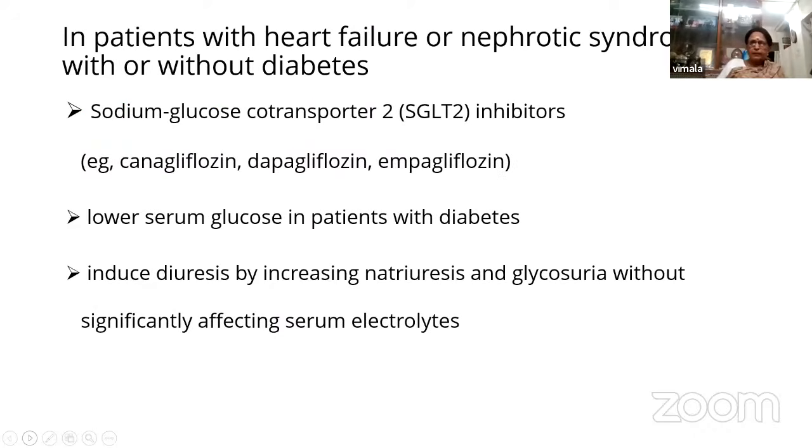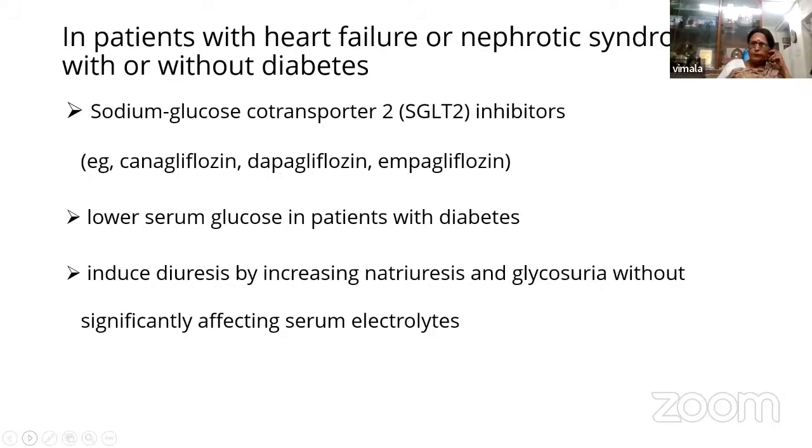Now, the current treatment that is coming into vogue is the sodium glucose co-transporter 2, SGLT2 inhibitor. What are the drugs available? Canagliflozin, dapagliflozin, and empagliflozin. What do they do in edema? In diabetes, they excrete glucose in the urine and produce an osmotic diuresis.